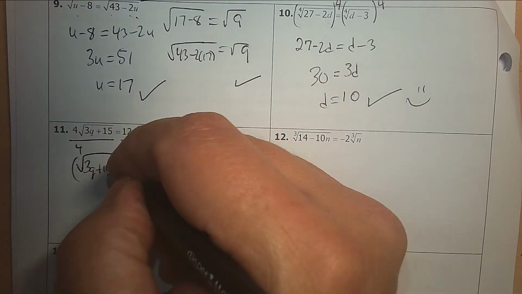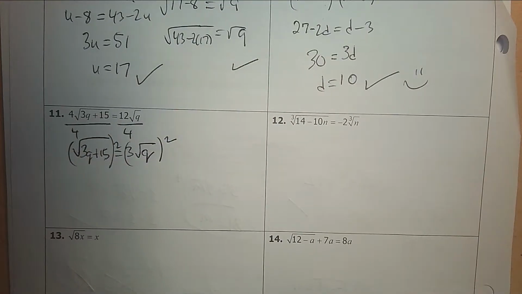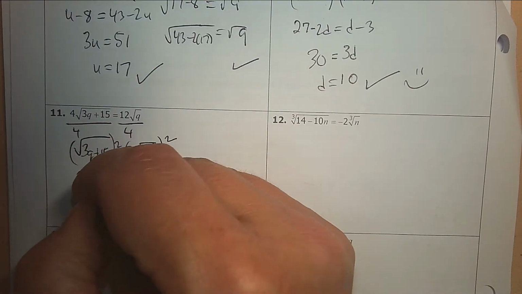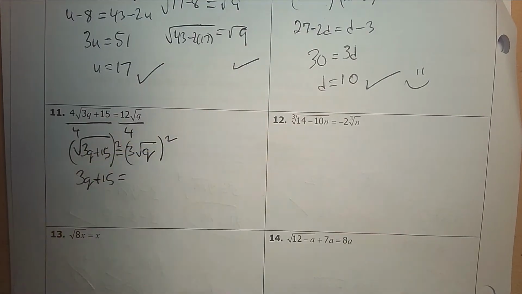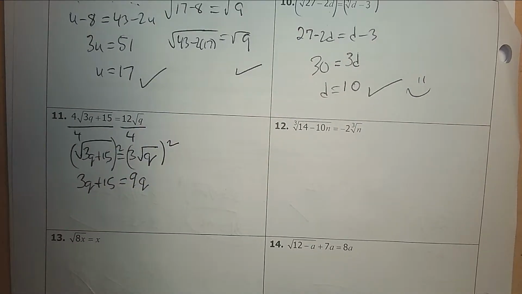Now, we got to be careful here, because when we square, it also belongs to the 3. So on the left side, you have 3q plus 15. On the right side, what would you have? 19. And that's where you might make a mistake, right? Is to not squaring the 3 to make sure.